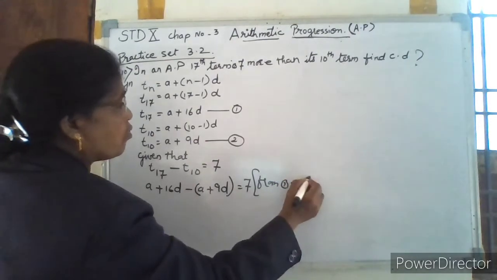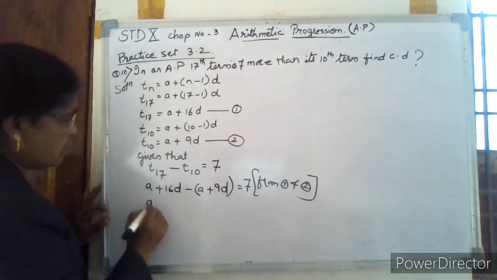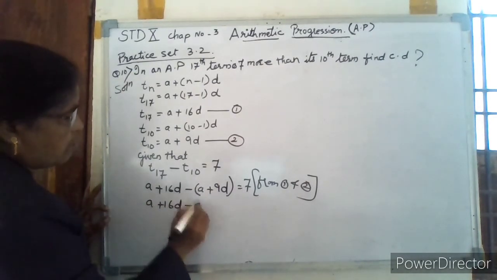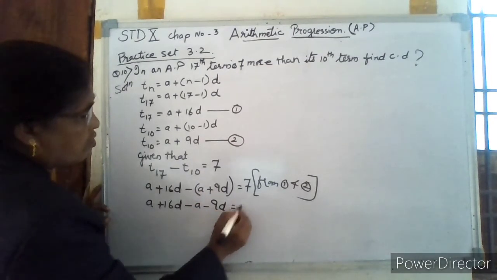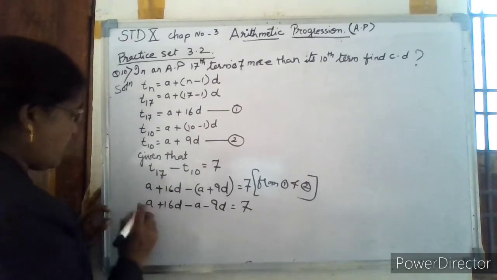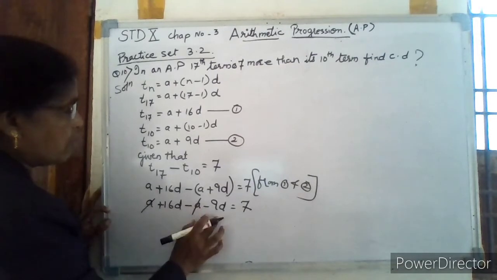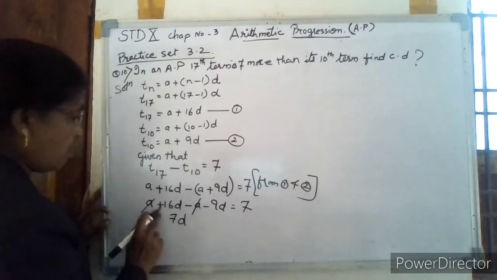Now, open this bracket: a plus 16d, plus into minus is minus a, again plus into minus is minus 9d, is equal to 7. Now, plus a minus a cancels. Now, 16d minus 9d will give you 7d. So, 7d is equal to 7.